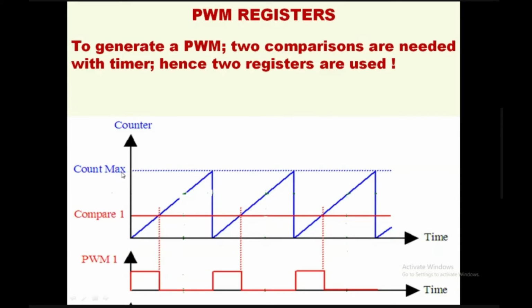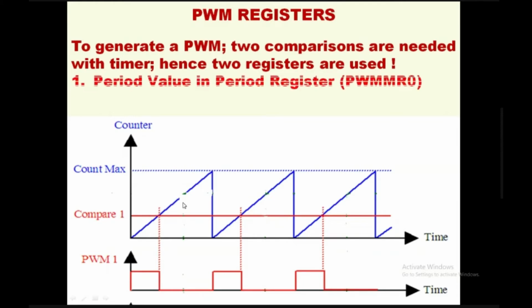So the count max, the period register, decides the period and frequency of the PWM, and the duty cycle register decides the on time of the PWM. With respect to LPC2148, the period register is PWM MR0, match register 0, and for the duty cycle register, there are 6 PWMs, no?